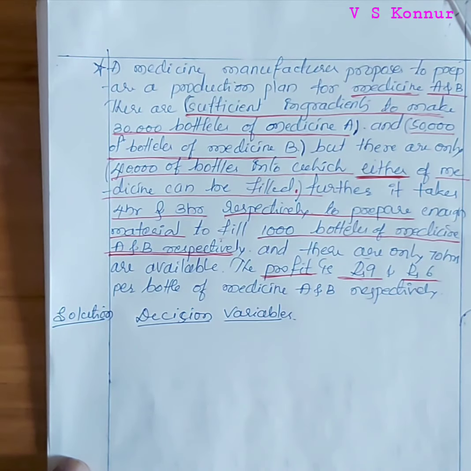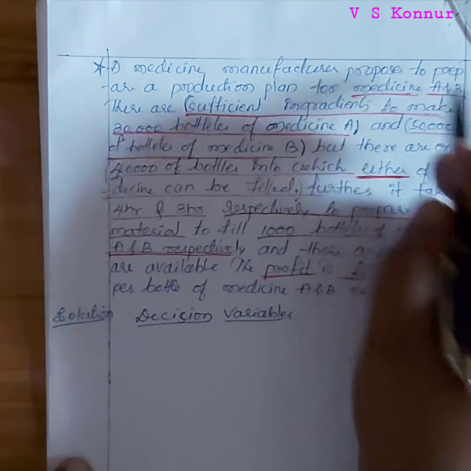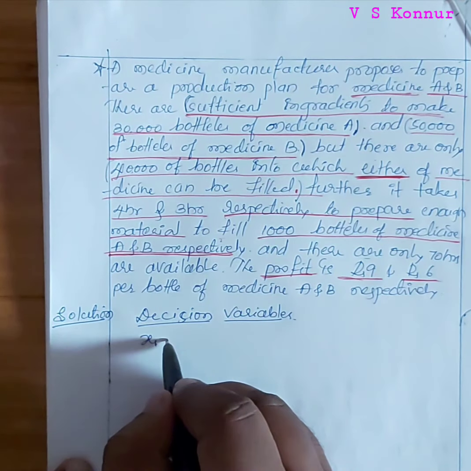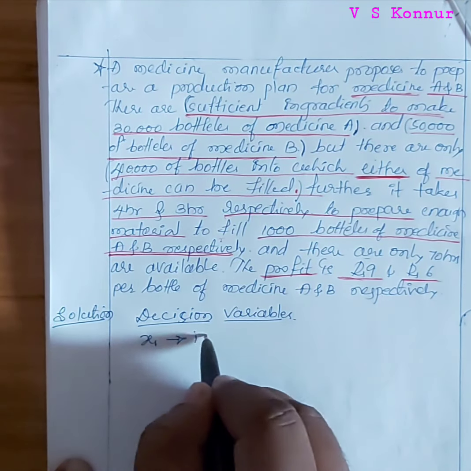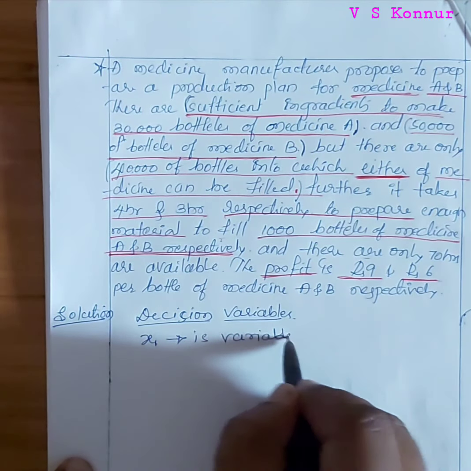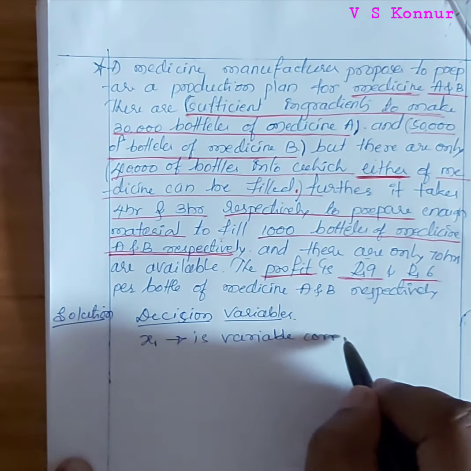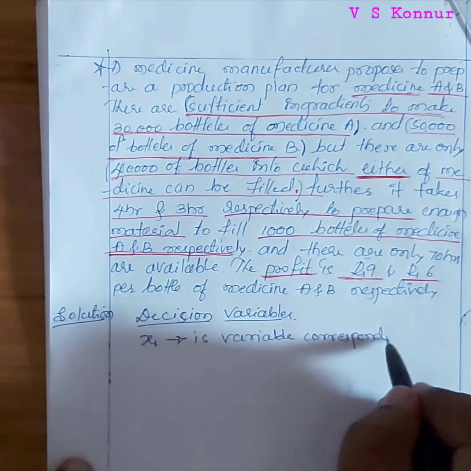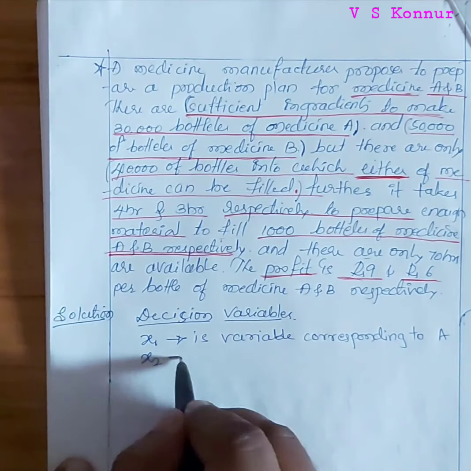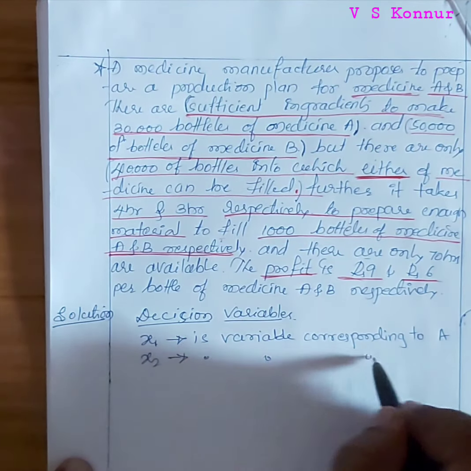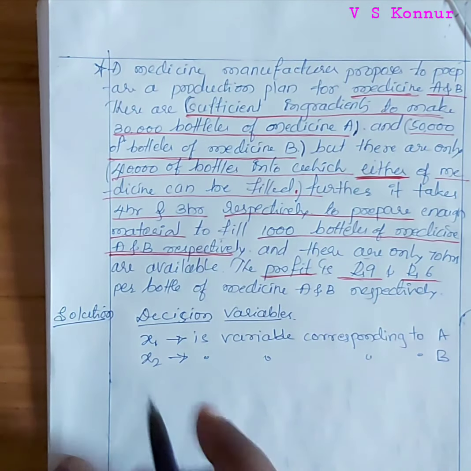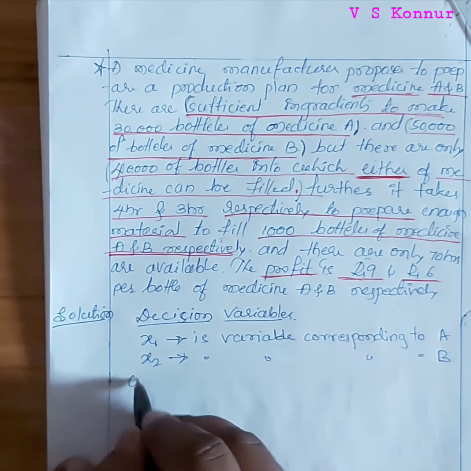These decision variables depend upon the number of products A and B. So X1 is the variable corresponding to A. X2 is the variable corresponding to B. Now we have defined the variables. After that, we define the objective function.